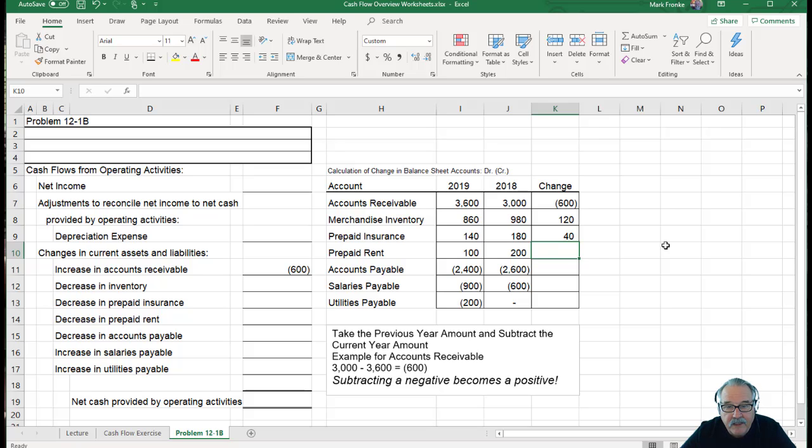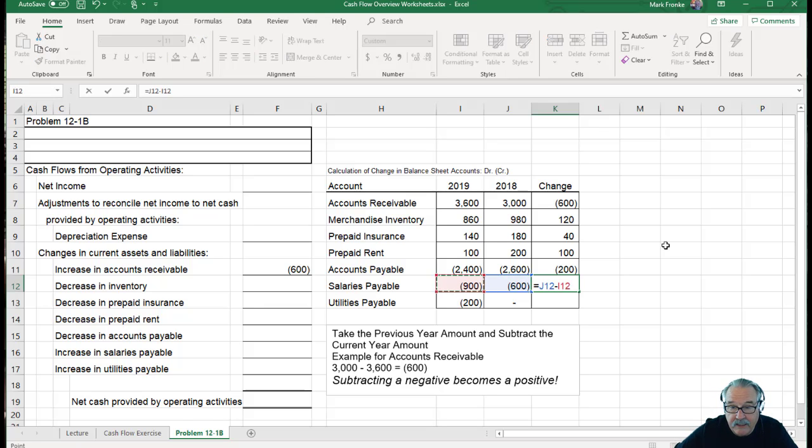Merchandise inventory went down. That has a positive effect. Prepaid insurance went down. That has a positive effect. Prepaid rent went down. That has a positive effect. Accounts payable went down. That has a negative effect. Accounts payable's a liability, it went down.